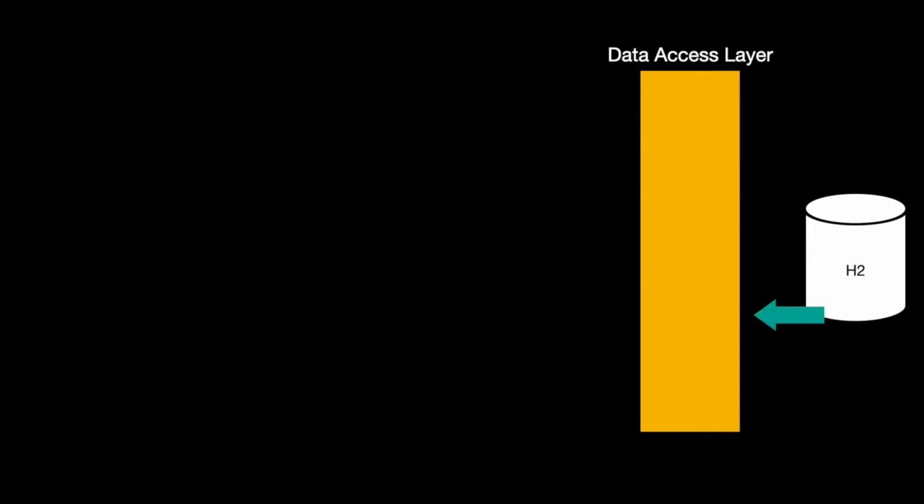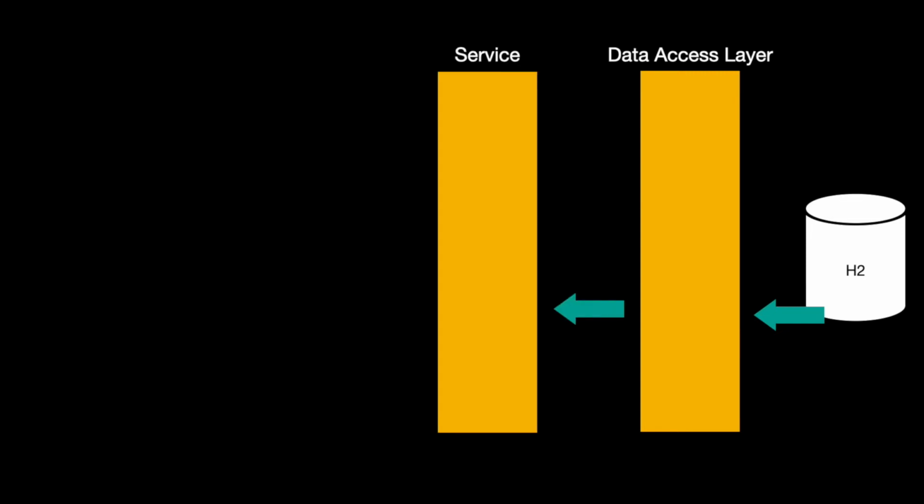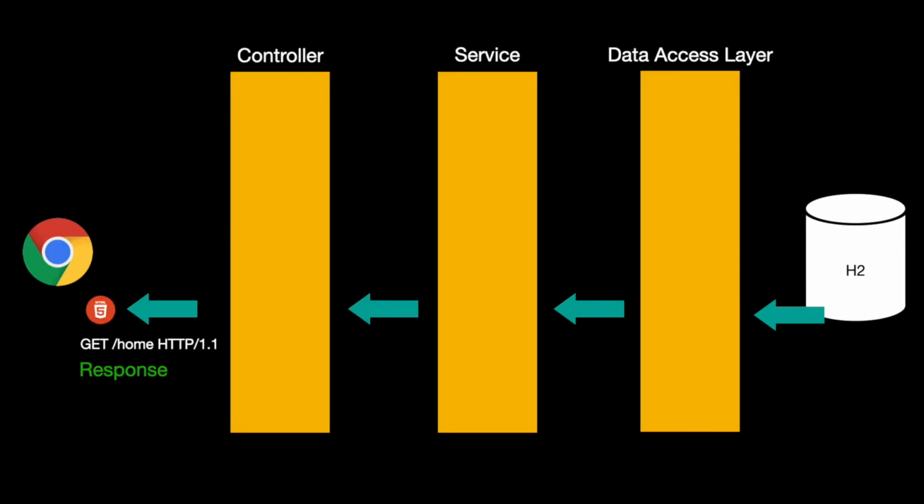And then the service will work with the Java object and run some business logic and then send the results to the controller, and the controller will verify if the operation was successful or not. In our case, in the error case, we will add an error message to our HTML template, and in the success case, we will add a success message to the template. And the controller will send the HTTP response to the browser with HTML as the body.